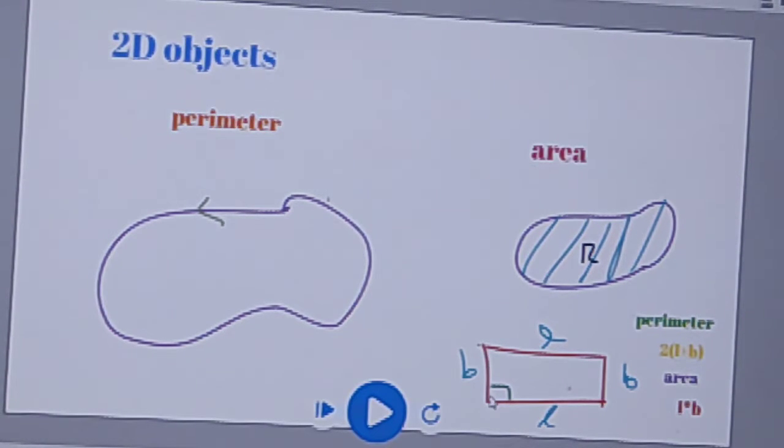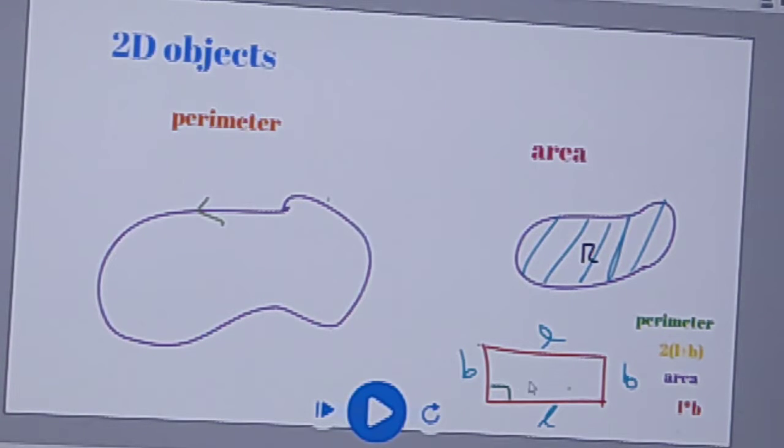Here we have a length, we have a breadth, and we have another breadth, another length. So this is the rectangle. You can see the angle also. Here 90 degrees exists. You can see any corner, perpendicular to perpendicular.